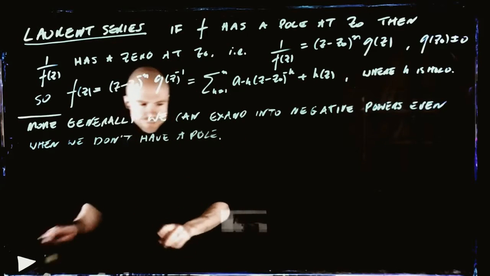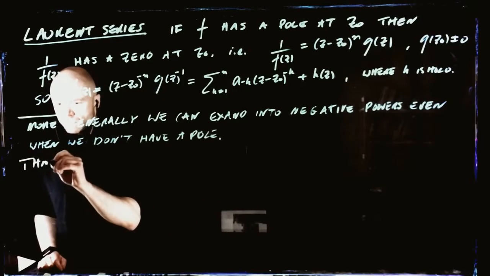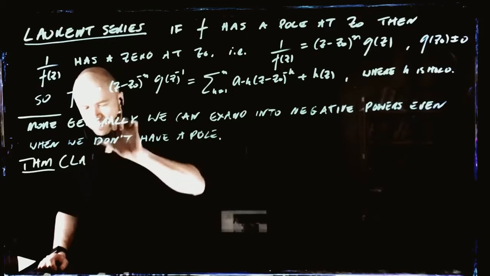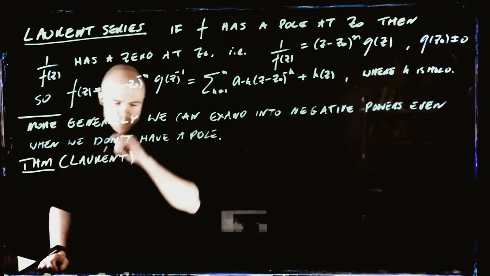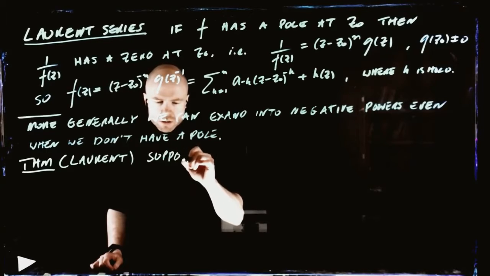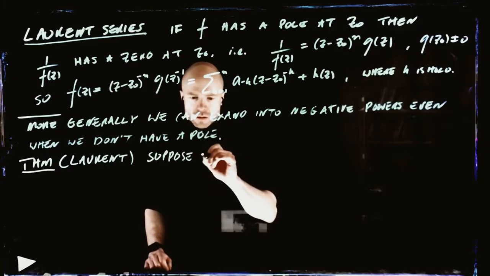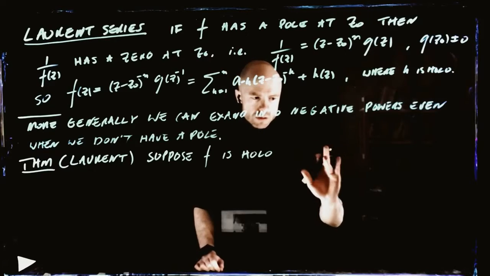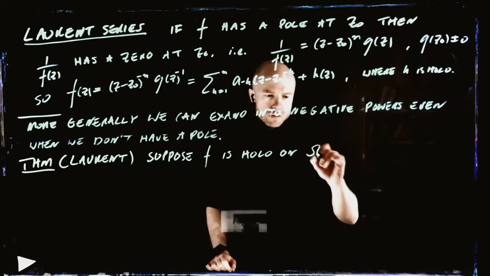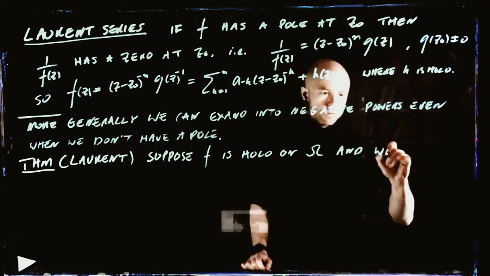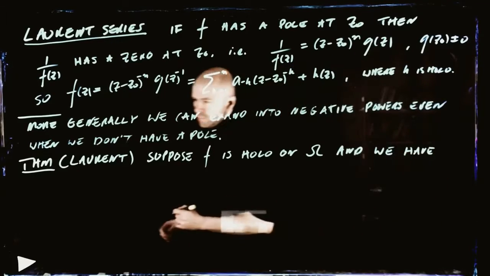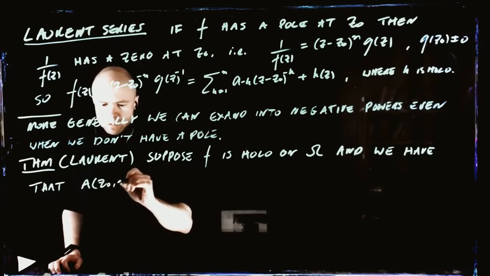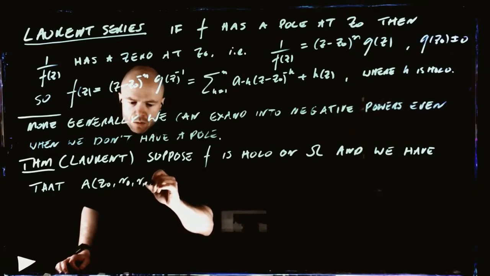And how does this work? Well, this is our theorem. Suppose f is holomorphic on omega, and we have that, so I'll define this in a second, the annulus, say A(z0, r, R), is contained within omega.